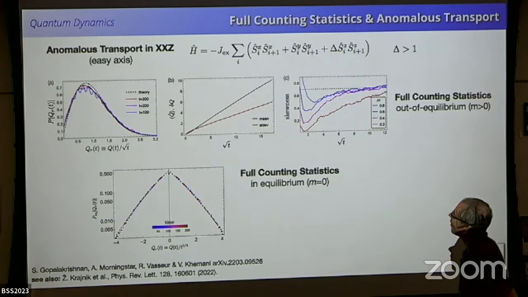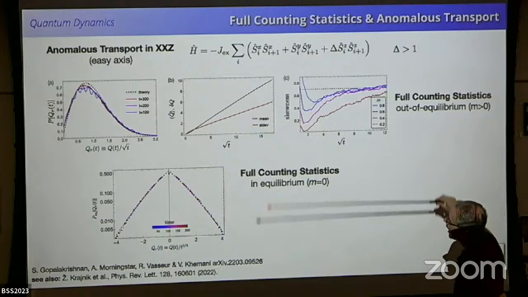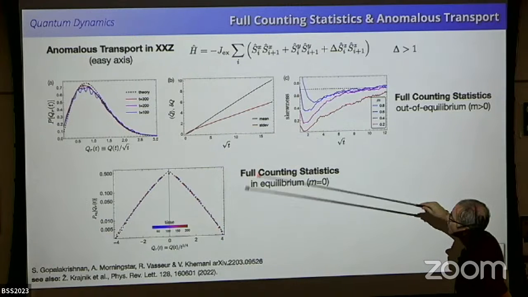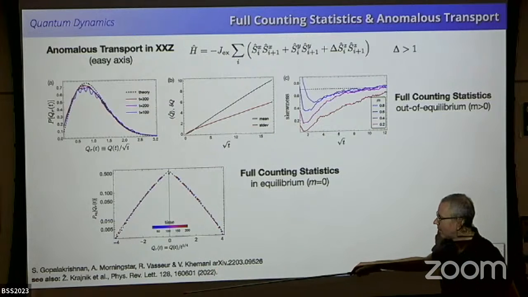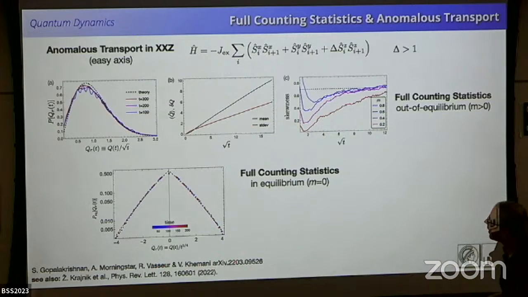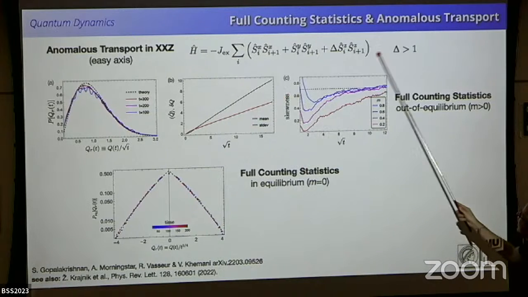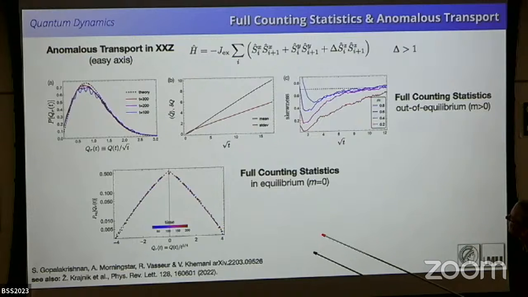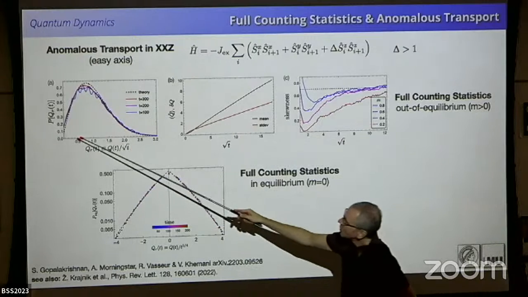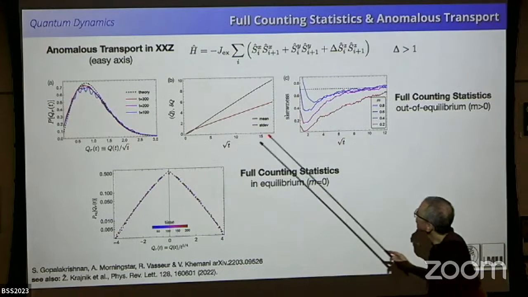Now, putting this in perspective before I jump to the conclusion and the bigger question, which is unsolved so far: this type of full counting statistics we can do not only at the Heisenberg point. Here I just show some numerics from Sarang, Al Morningstar, Romain, and Vedika, doing this on the XXZ chain in the Ising axis case, where you have delta larger than 1 anisotropy. You can also measure full counting statistic distributions there.